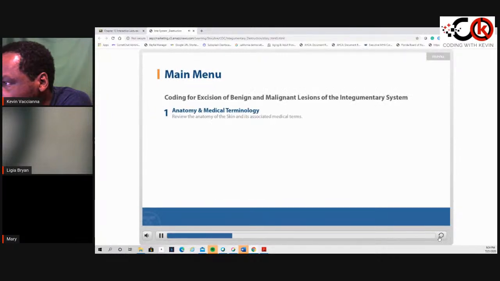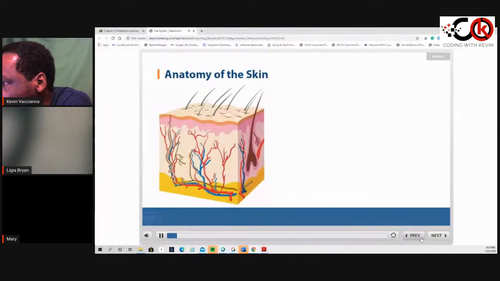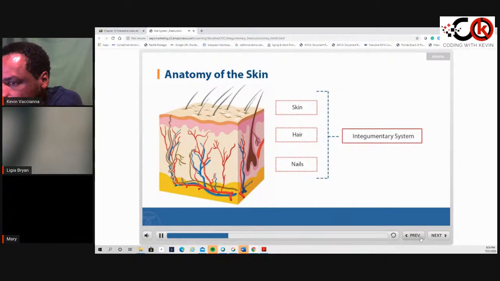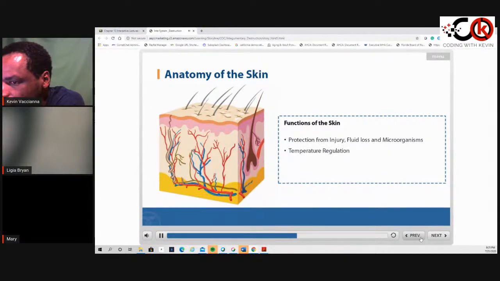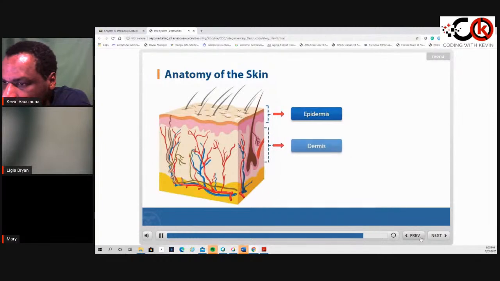While the skin is the largest organ system in the body, the skin, along with the hair and nails, comprises the integumentary system. The skin performs functions such as protection from injury, fluid loss, and microorganisms, temperature regulation, fluid balance, and sensation. The layers of the skin can be broadly classified into the epidermis and the dermis.